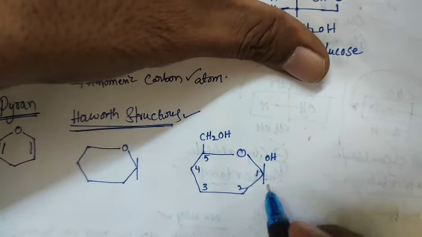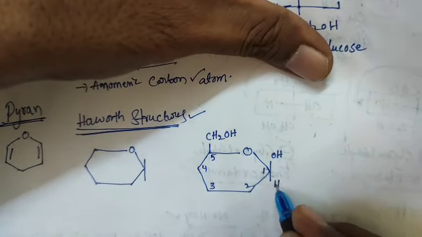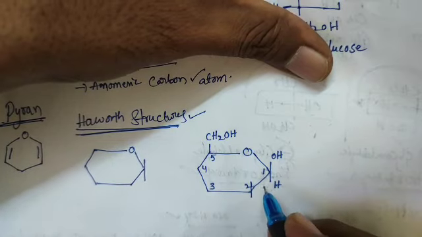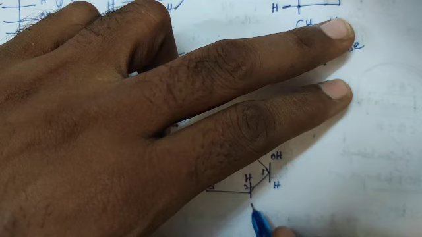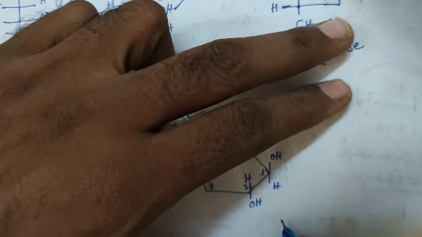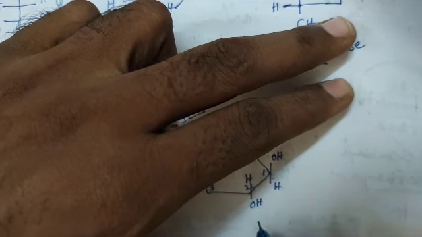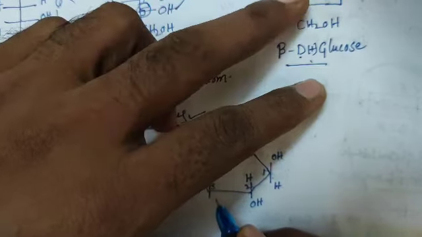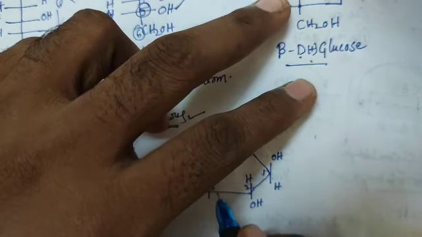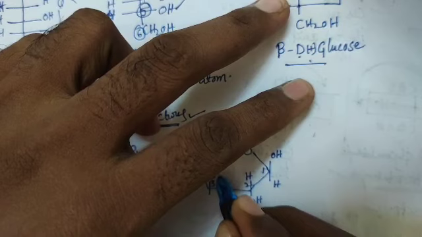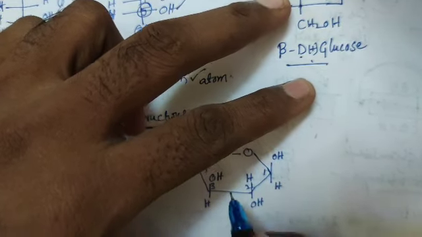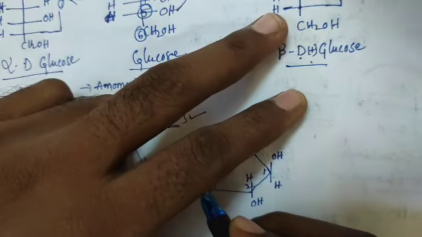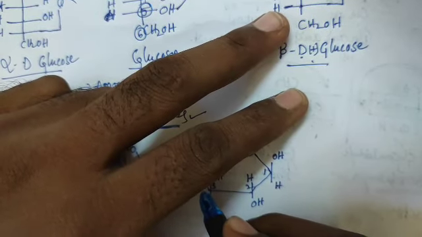See, OH and H on the second carbon, H and OH. The third carbon has OH inside, H outside, and the fourth carbon has OH down.